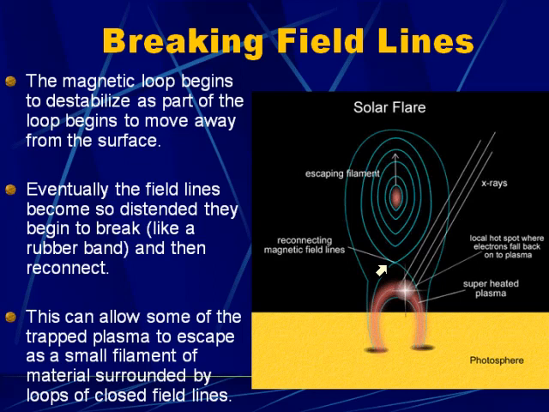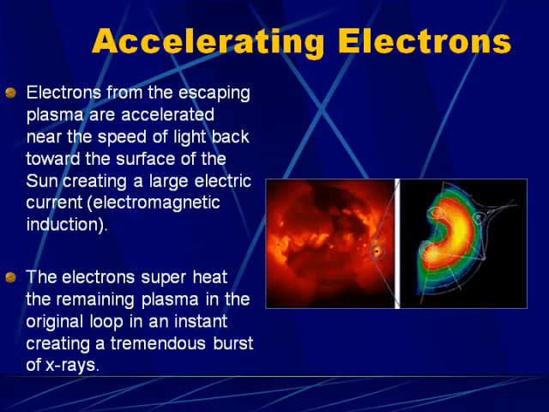The plasma gets so hot that it almost explodes, releasing, again, these coronal mass ejections. And as the plasma gets hotter and hotter, it glows stronger and stronger in the X-ray and the ultraviolet part of the spectrum.